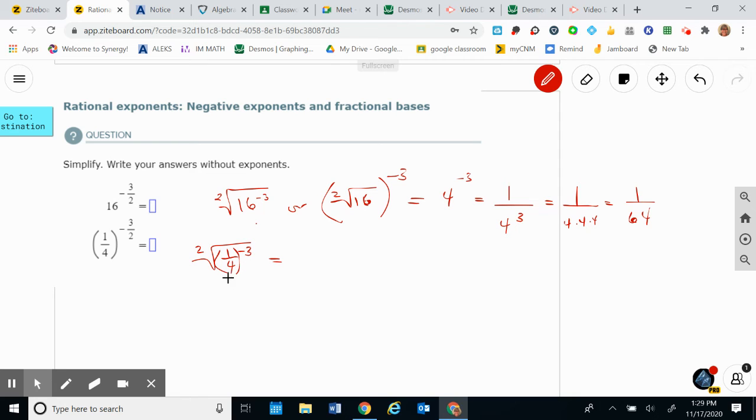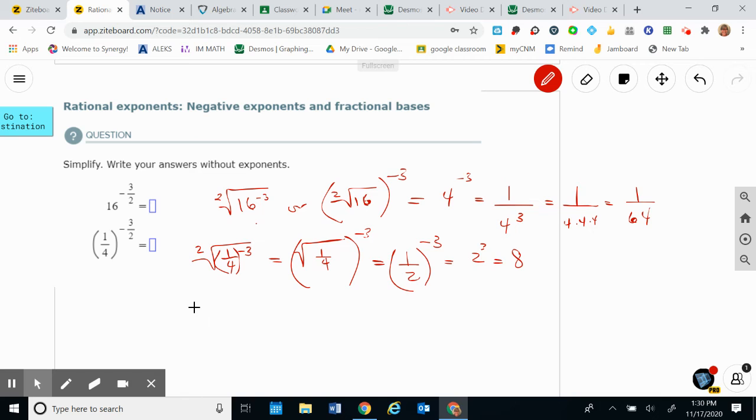I'm going to rewrite this as the square root of 1/4 to the negative 3. The square root of 1/4 is 1/2. To the negative 3 means flip it, and I don't need to put the 1 on the bottom, change the sign, and that's equal to 8.